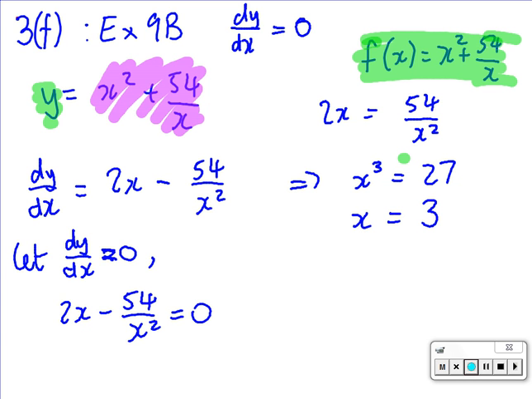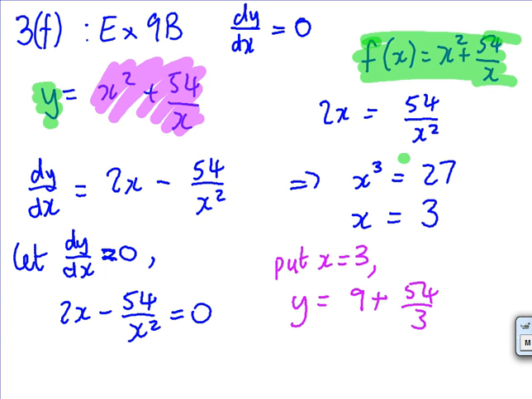So let's put x equals 3 in that function. That gives us y is equal to 9, that's 3 squared, plus 54 over 3, which is 18, so 9 plus 18 is 27. So the coordinates of this turning point, or this stationary point, are (3, 27).